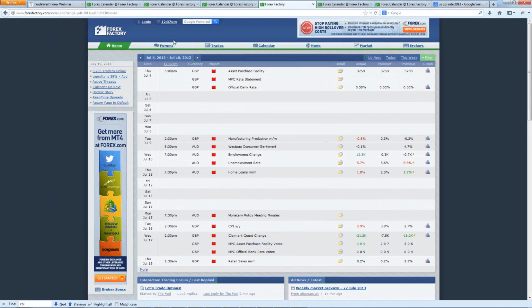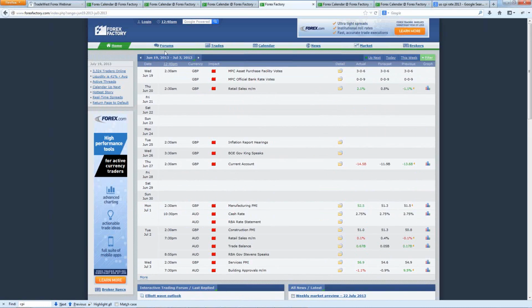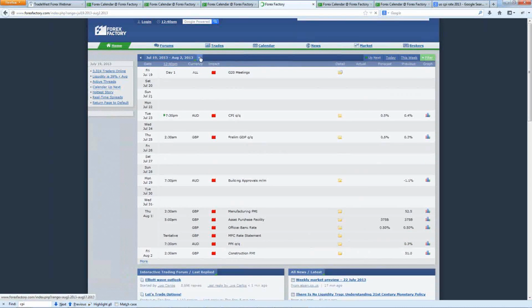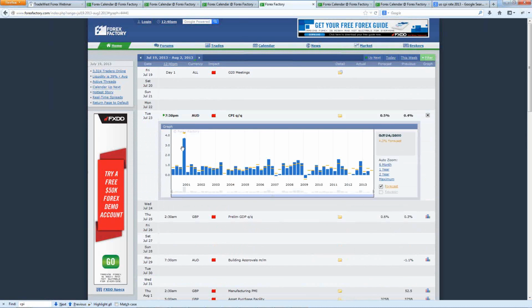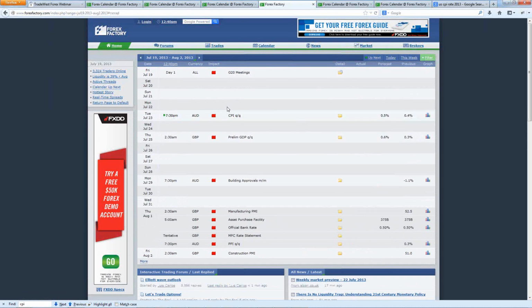Let's see, Australia's. There's Australia. Okay, we probably were looking at quarterly, because there's the quarterly CPI, and that's why we were seeing these lower numbers. But I mean, we should be able to find the year. Let's just see here.